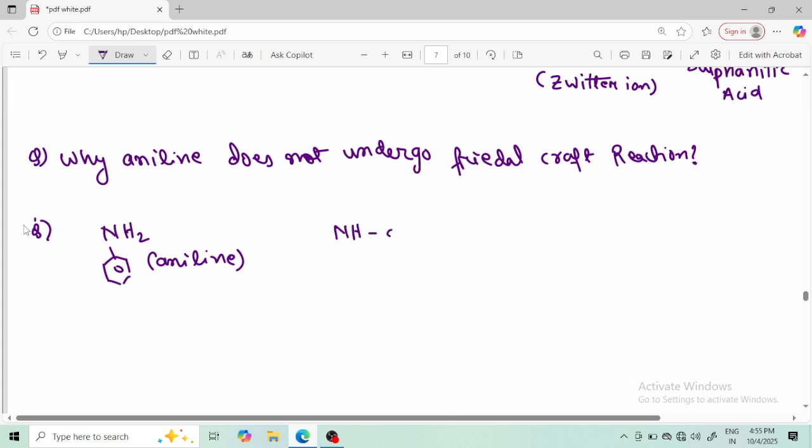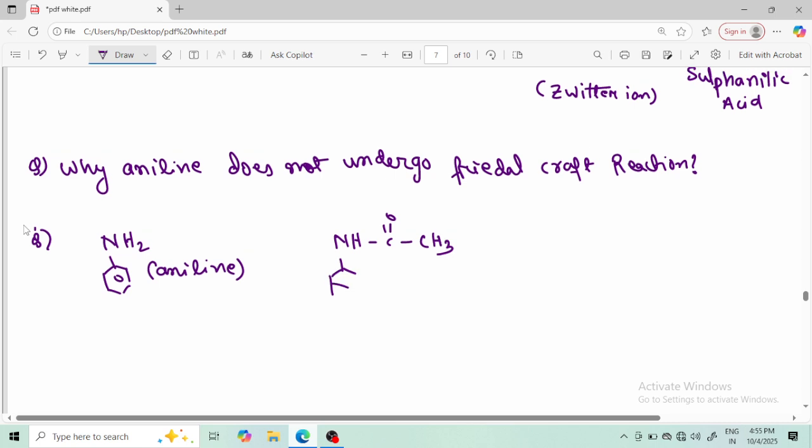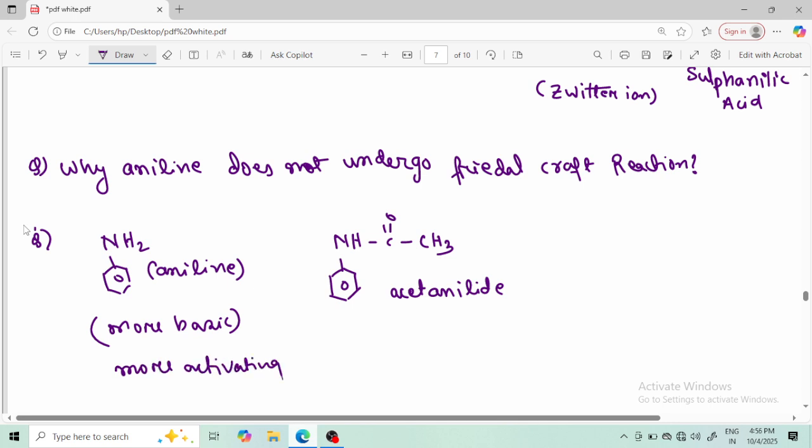So NH2 is there, and this one is NH CO CH3, which is acid anilide. Now aniline is more basic and more activating, and this one is less basic comparative to aniline and less activating.